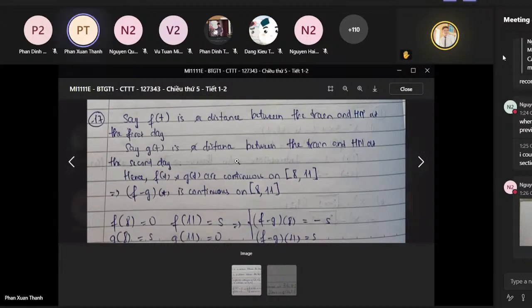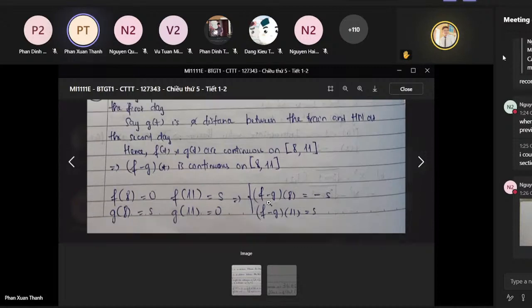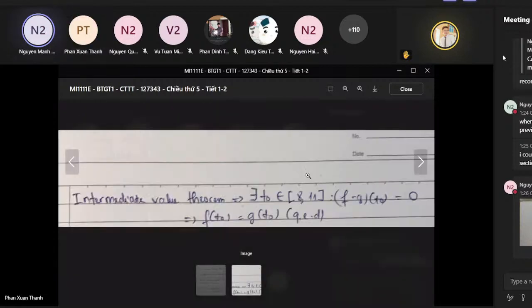So f and g are continuous, and f minus g is continuous. So what is the conclusion? You should go to the second picture. That is my conclusion.